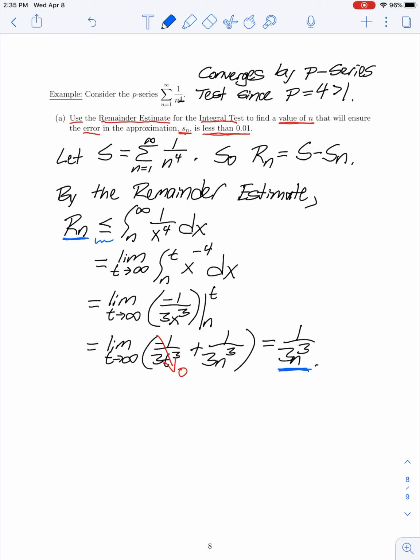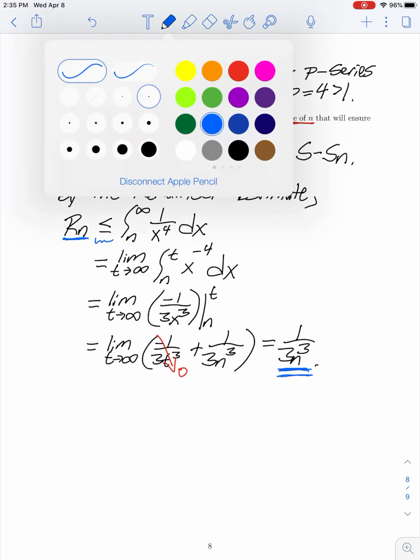Now, if we want to have an error, the problem said less than 1/100th, we could take this expression that we just found for the maximum error and make sure it's less than 1/100th.